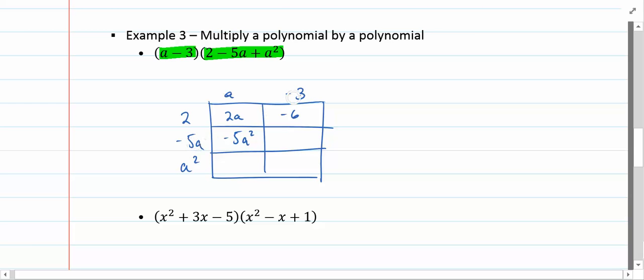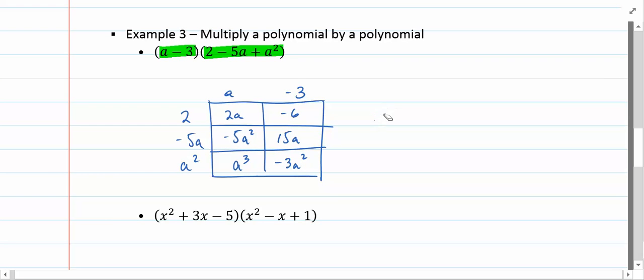Then negative 5a times negative 3, well, that's 15a, positive, because negative times another negative is positive. Then a squared times a, that leaves us with a cubed. And lastly, a squared times negative 3, that's a negative 3a squared.